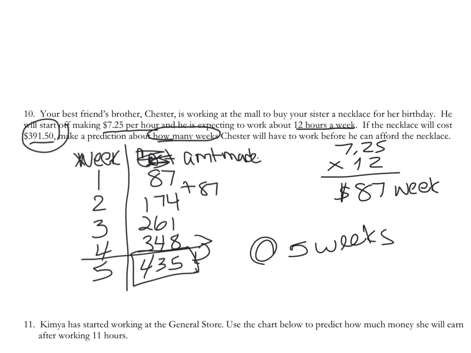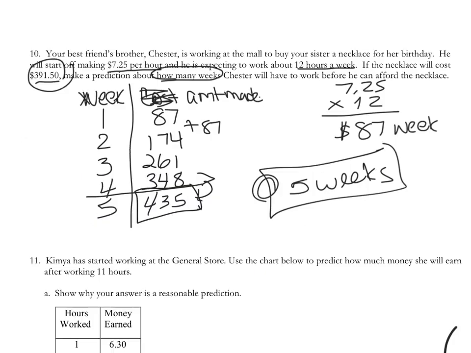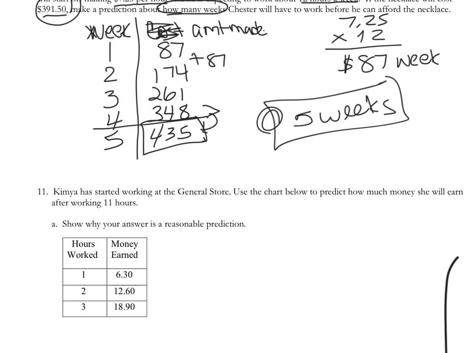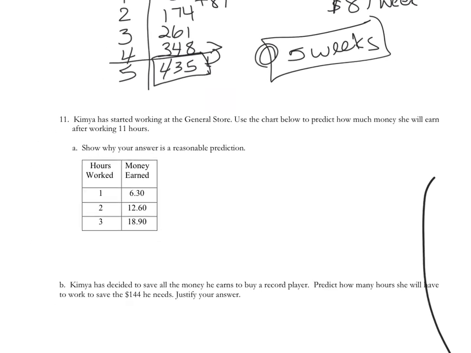Now, some people might say, well, 4.5 weeks, but you're not going to get a check till the end of the week. So you got to work out that full week. I mean, if he got up and quit, then yeah, 4.5 weeks, but we're going to say that he keeps working.